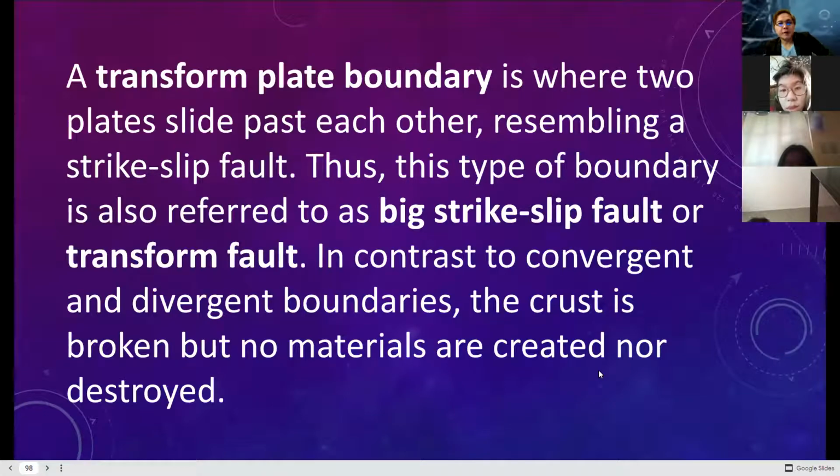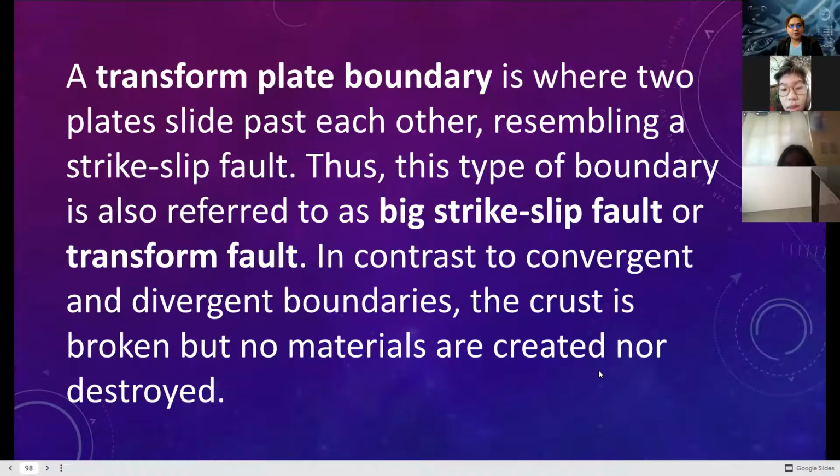A transform plate boundary, this is the last one, the third type, is where two plates slide past each other, resembling a strike-slip fault. Remember the strike-slip fault? They actually slide. Thus, this type of boundary is referred to as a big strike-slip fault or transform fault, right?